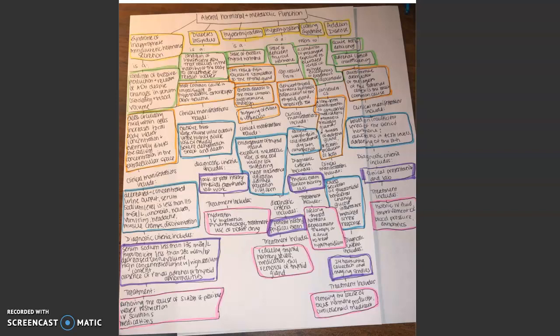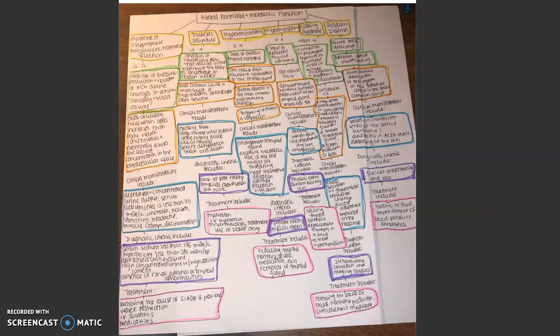For diabetes insipidus, it's a condition of insufficient ADH that results in the inability of the body to concentrate or retain water. The most common cause of this is impairment of hypothalamic osmoreceptors after trauma.